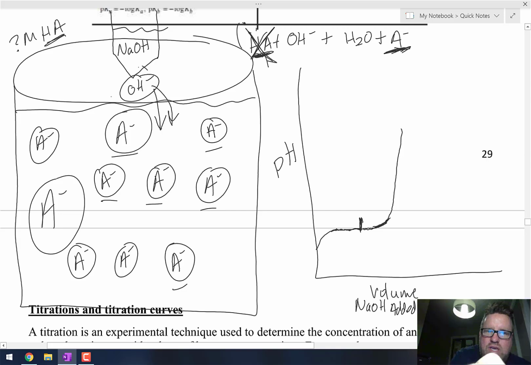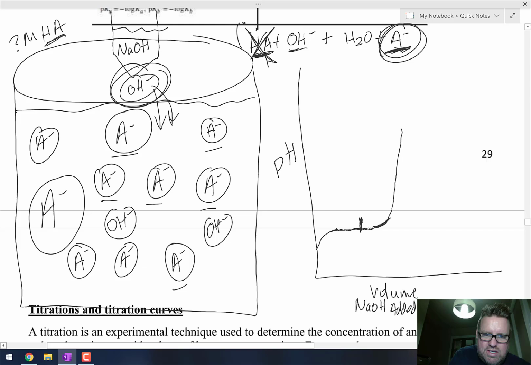So when you continue to add more hydroxide to this solution that is completely filled with conjugate base, what happens with all those hydroxides? Nothing. So what do you have? You now start to get a bunch of hydroxides in here. And as you add more and more hydroxide, what does the pH do? It goes up. Okay? So right around here, let's say, is a pH of 7.